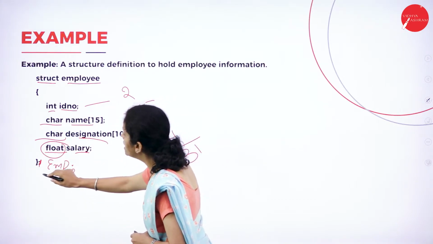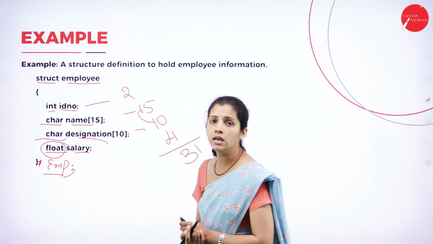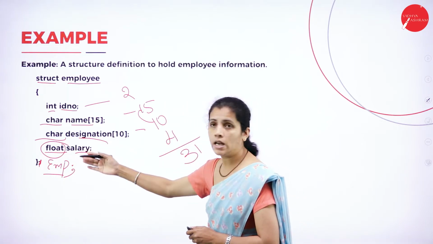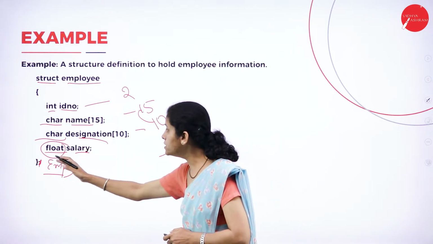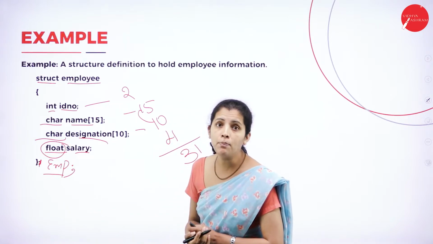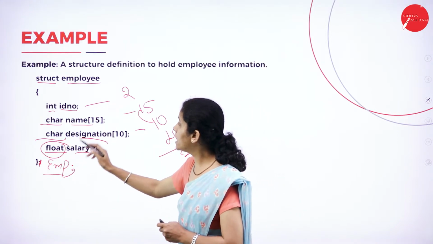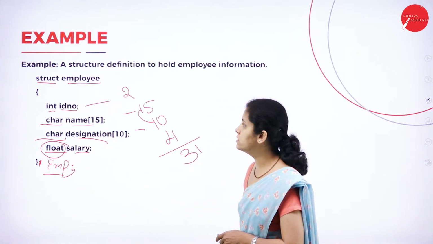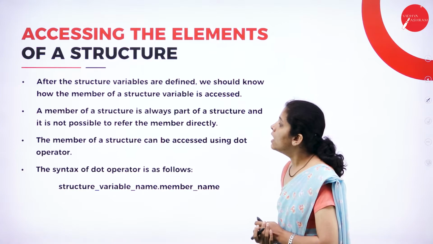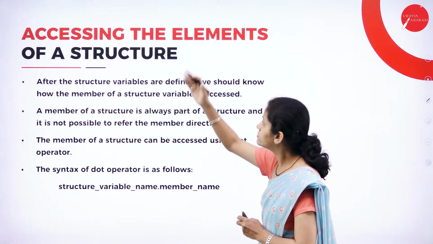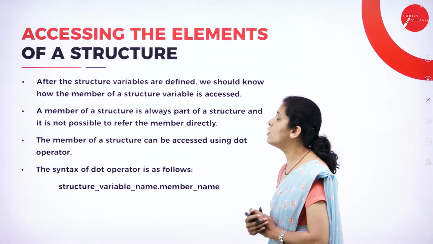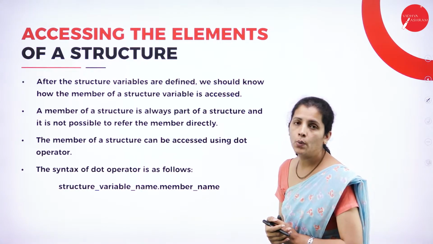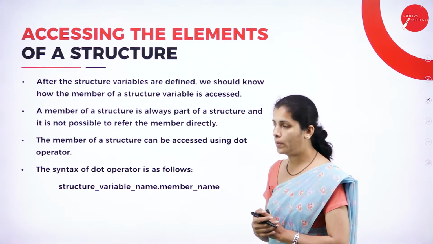That means here itself I'm creating the structure variable. With the help of this variable and with the help of the dot operator, I can access all the members of this structure. So dear student, how to access the elements of a structure? With the help of the dot operator.